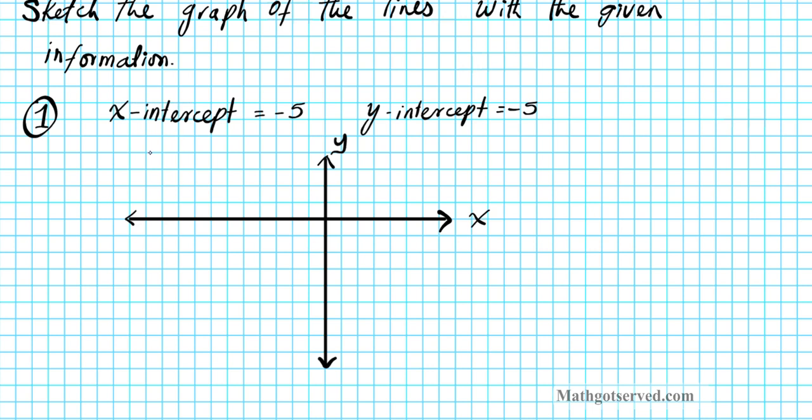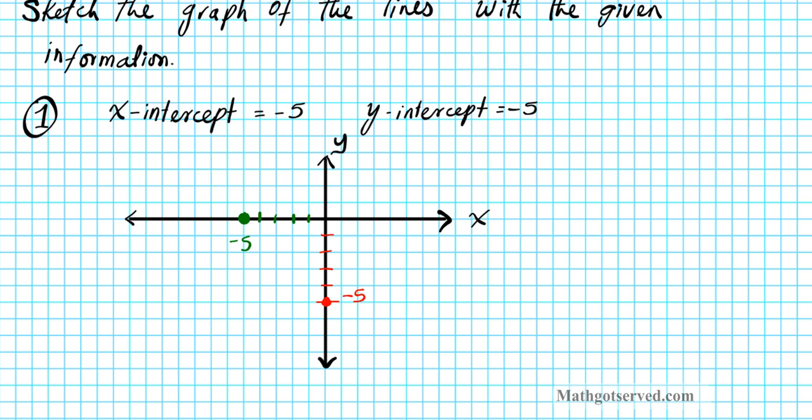So the x-intercept is -5, so we have 1, 2, 3, 4, 5 in the negative direction, -5. Okay, that's our x-intercept. Our y-intercept is -5, so we graph -5 on the y-axis. 1, 2, 3, 4, 5. -5. Now the line that goes through these 2 points is the line that has these 2 intercepts.